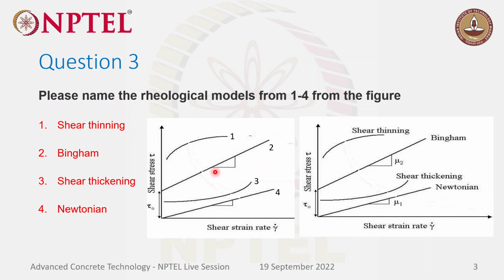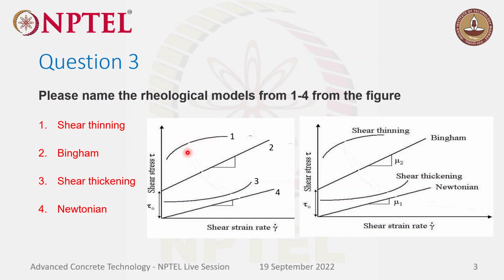Mostly we use the Bingham model to model cement concrete or cement paste. It is one of the simplest models to model cement concrete. It doesn't have many parameters compared to other models, just one or two parameters.